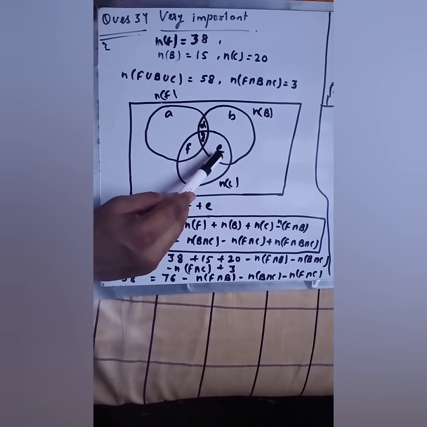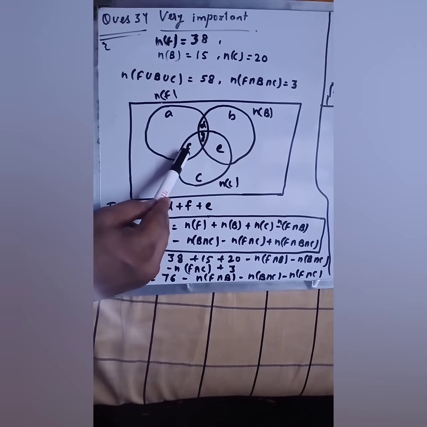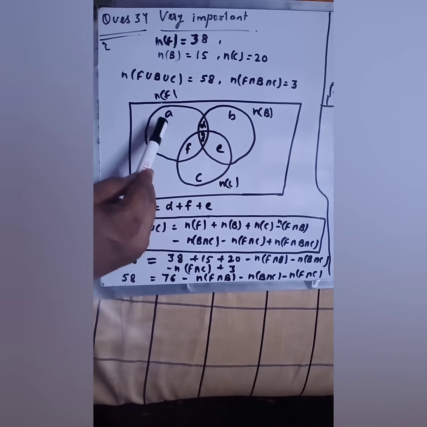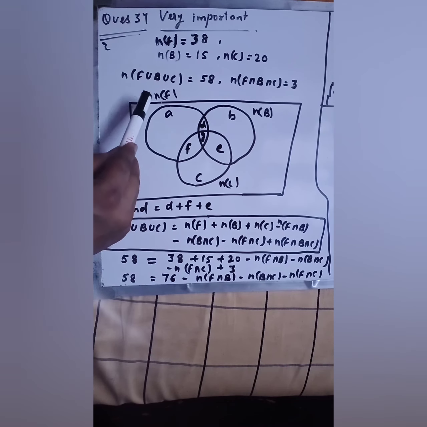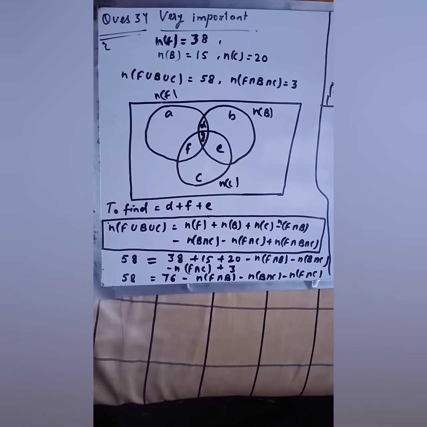Similarly, E is the number of men who got a medal in basketball and cricket. Similarly, F are the men who got a medal in football and cricket. We have to find the number of men who got a medal in exactly two sports.